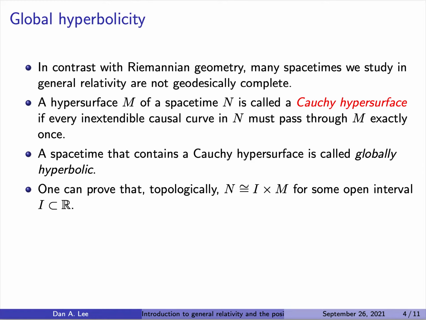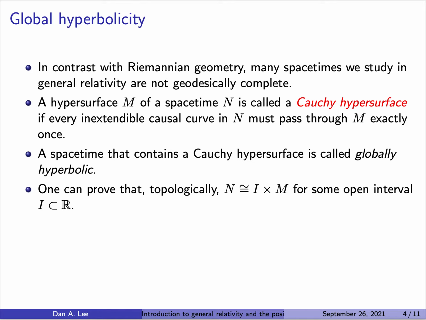Okay, so something that helps with the intuition a little is that one can prove that topologically, if you have a Cauchy hypersurface, then the spacetime is just a product over that hypersurface. So it's just I cross M for some open interval I in the real numbers.